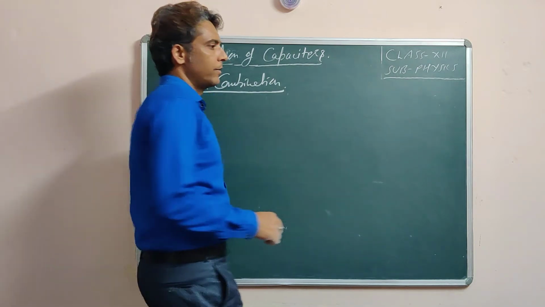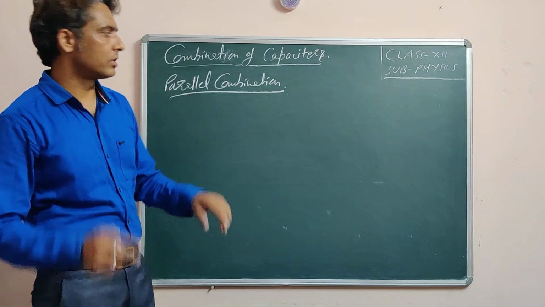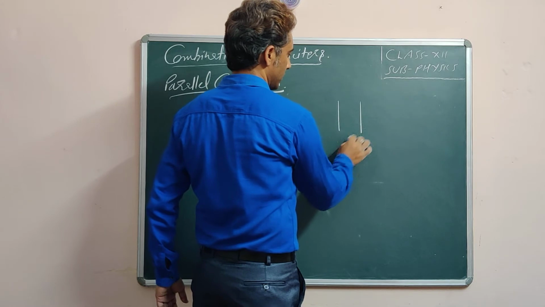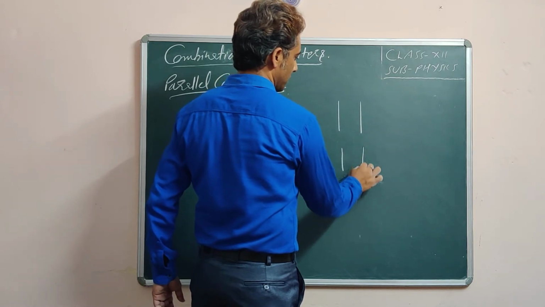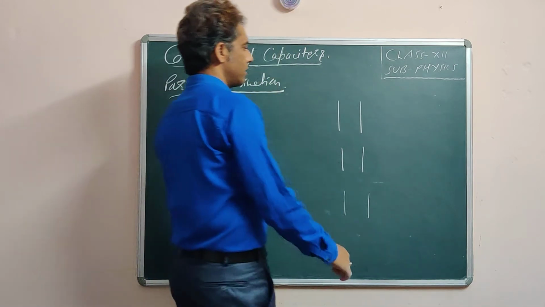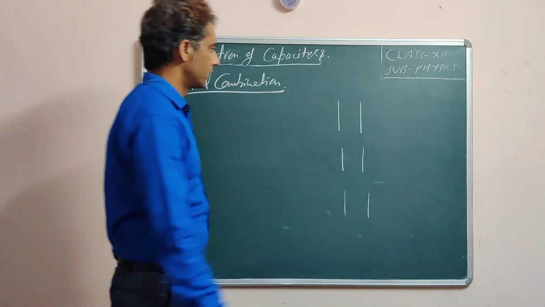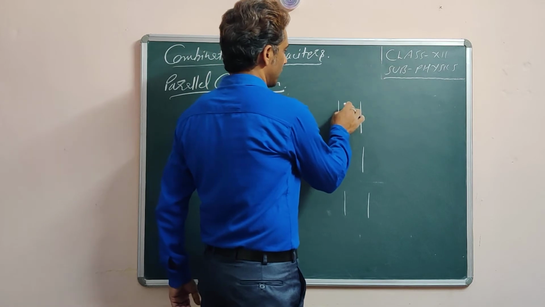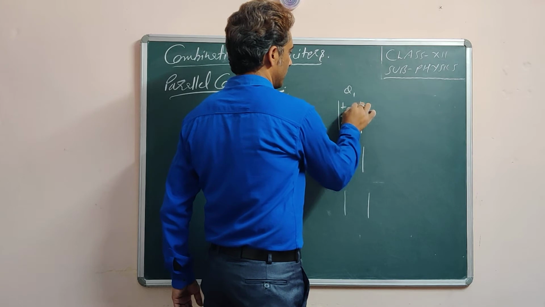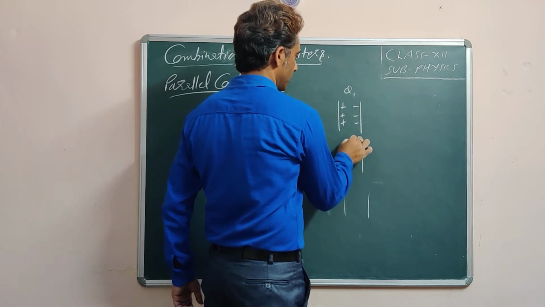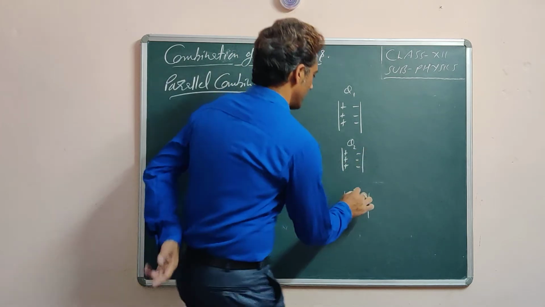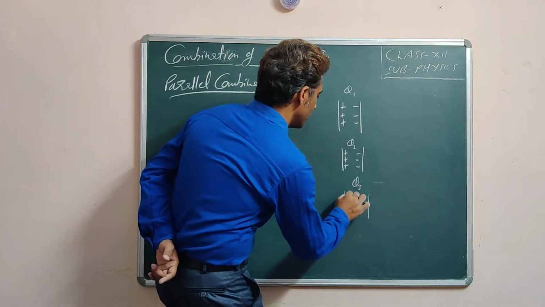For example, again I am taking example of 3 capacitors. So if these are 3 capacitors of capacitance C1, C2 and C3, again let charge on this capacitor be Q1, charge on this be Q2, and let charge on this be Q3.